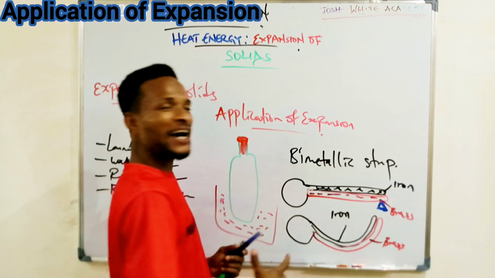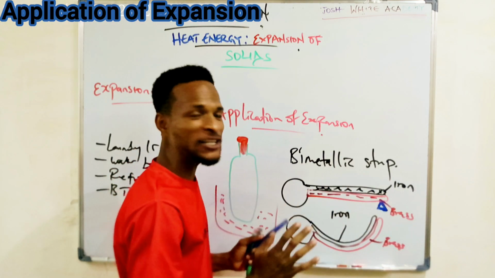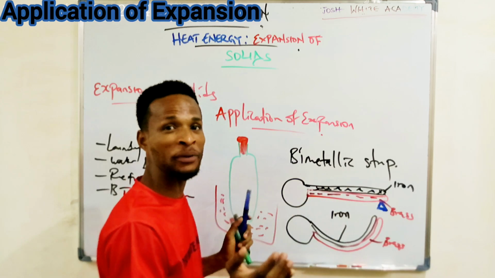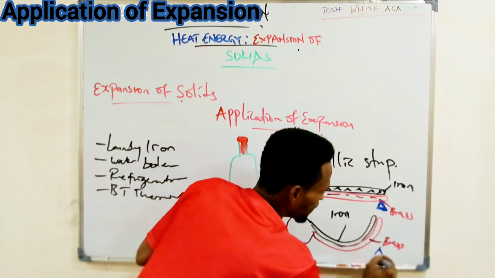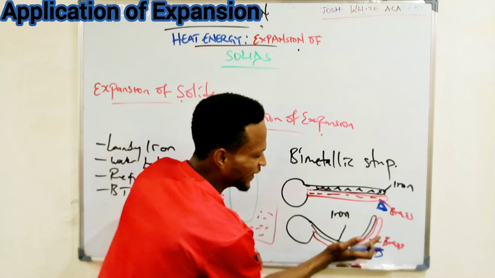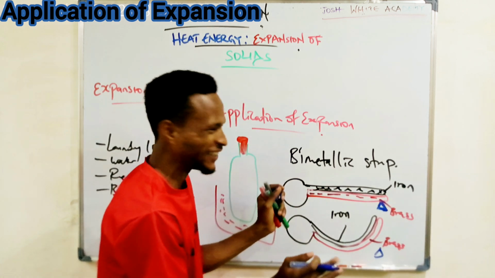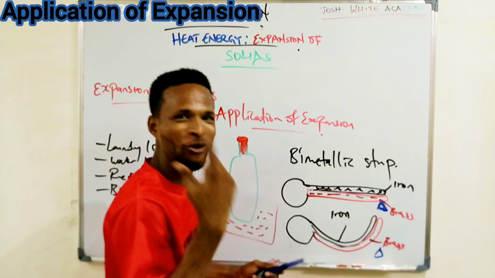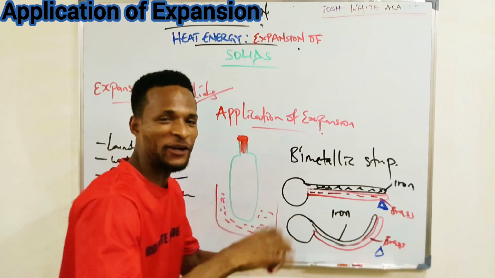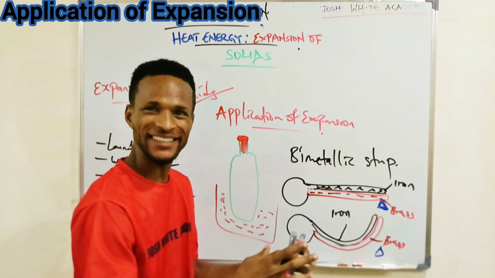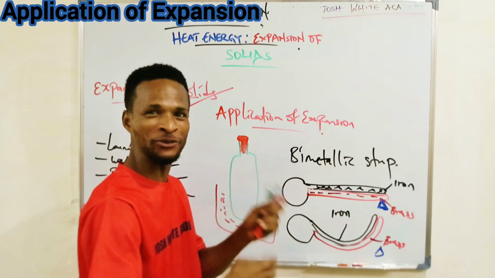And as the heat of the iron begins to increase, a temperature will be reached when brass will begin to expand, and it will begin to bend like this. So there will be a separation of the contact point, and then the iron will turn off. If you remember some scenarios where you were just ironing your clothes, and when the iron becomes very hot, you see the light in it will just turn off, and after some time it will turn on again.